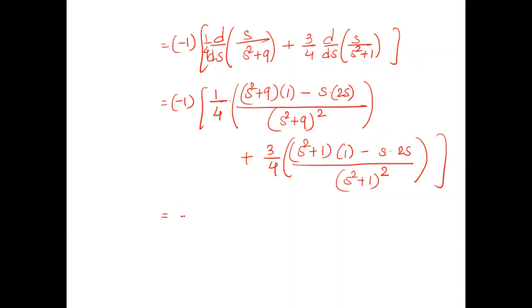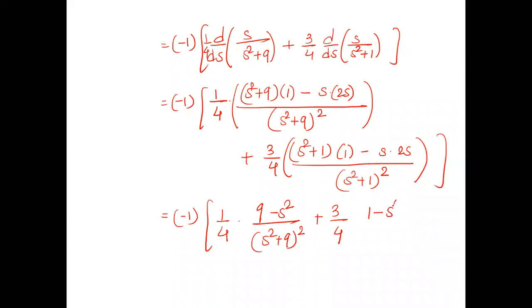So it is minus 1 into, simplify a little, 1 by 4, s square plus 9 minus 2s square, so 9 plus s square minus 2s square upon s square plus 9 bracket square, plus 3 by 4, s square plus 1 minus 2s square. So 1 is there, s square minus 2s square upon s square plus 1 bracket square. Done, you can stop. This is the answer.